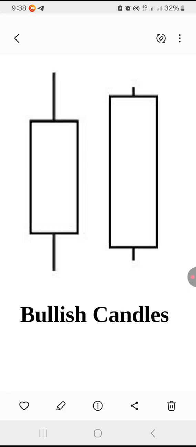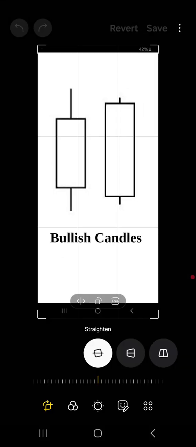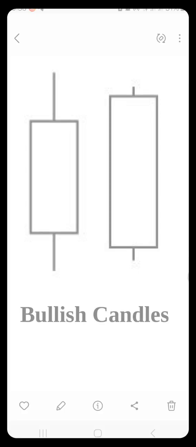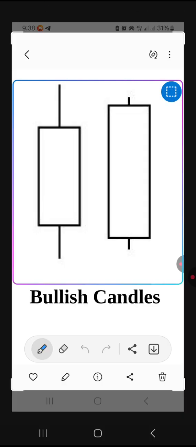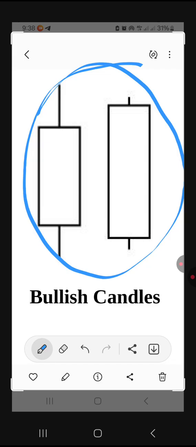This is a typical example of what a bullish candle is. Are we following? So when you see something like this, this is a bullish candle.